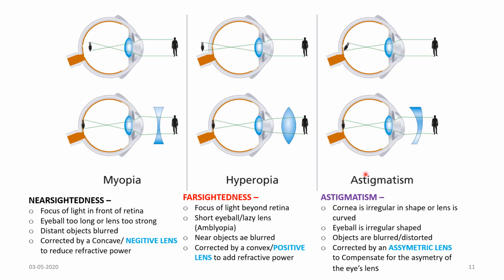Then in case of astigmatism, the cornea is irregular in shape or the lens is curved. The eyeball is irregular in shape. The objects are blurred or distorted and it is corrected by an asymmetric lens to compensate for the asymmetry of the eye's lens.